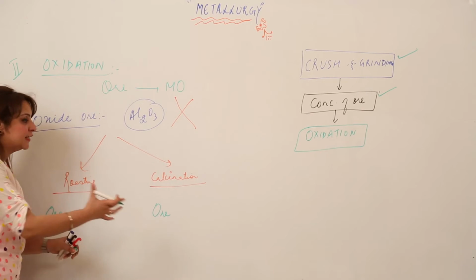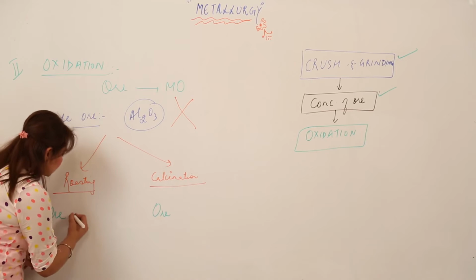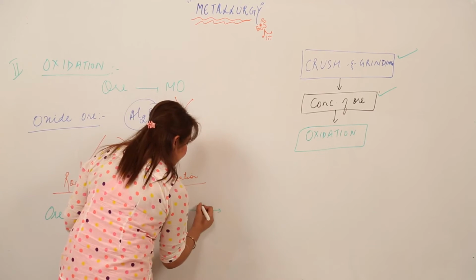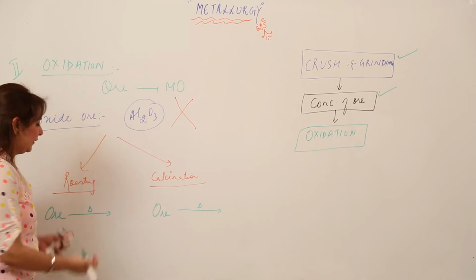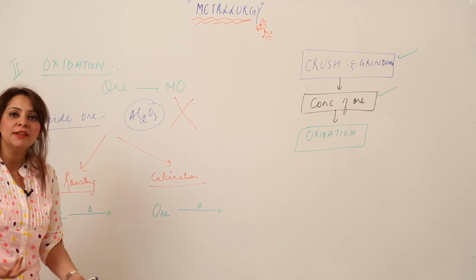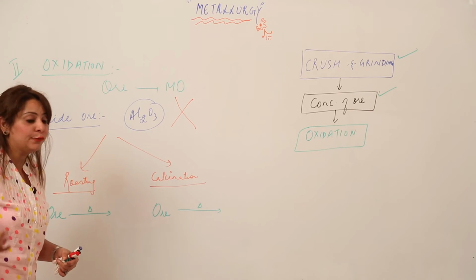So, here we have the concentrated ore, whether it is roasting or calcination. What are we doing? We are heating ore. Similarly, in calcination we are heating ore. So, again the similarity: we are heating concentrated ore in both. But where does the difference lie?